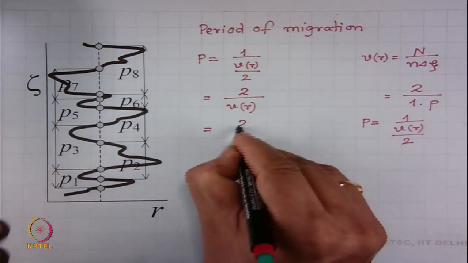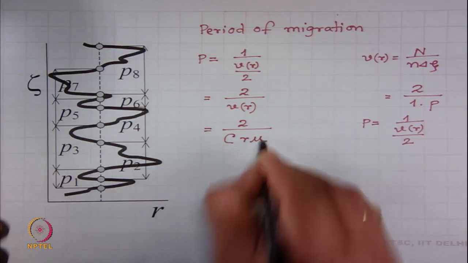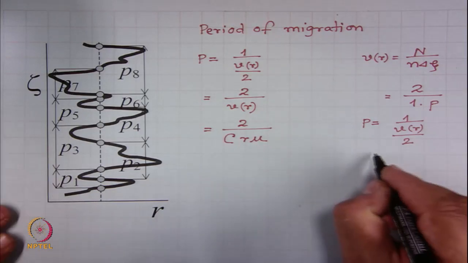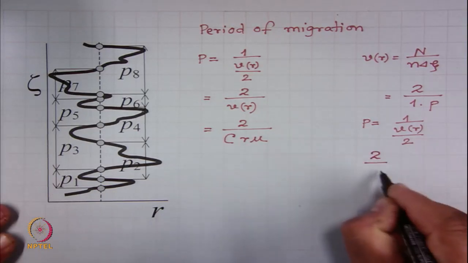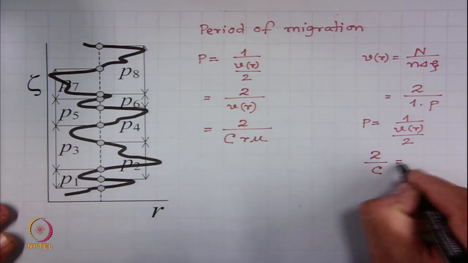Now, what was nu r? Nu r was capital C r into mu, right. We consider 2 by capital C is a constant, because capital C is a constant, we can write it as a small c.